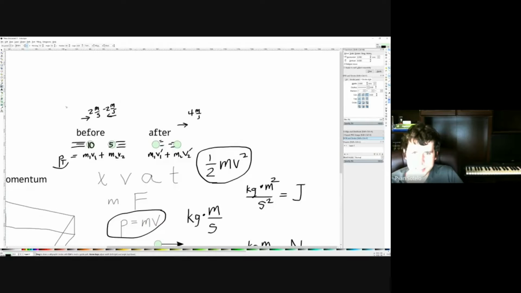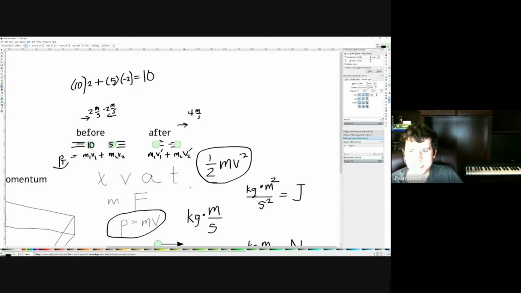So you're going to set this up. You're going to try to find the before total. So that's 10 times 2, because it's a 10 kilogram object going 2 meters per second. I'm going to add to that the 5 kilogram object traveling at -2. And that's going to give me a total momentum for my system before the collision. So I have 20 minus 10 here. So I have a 10.